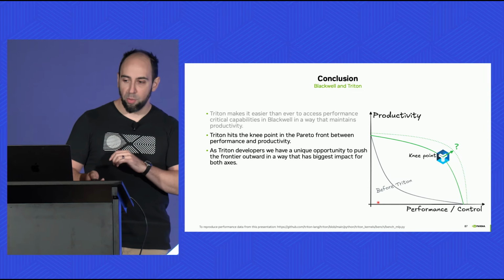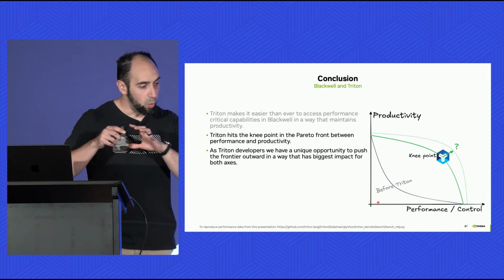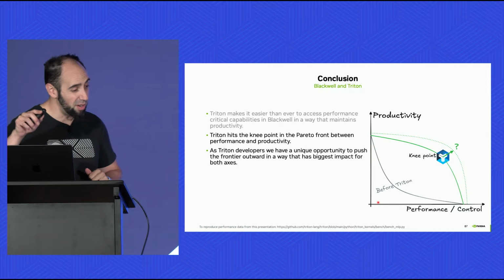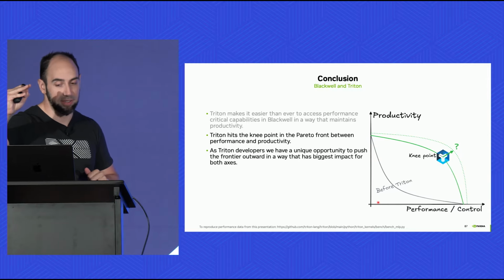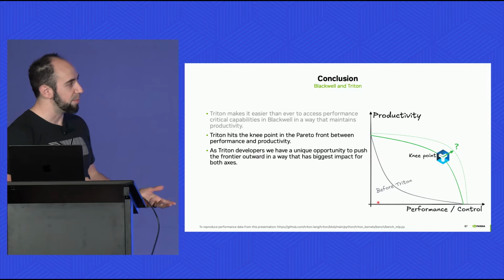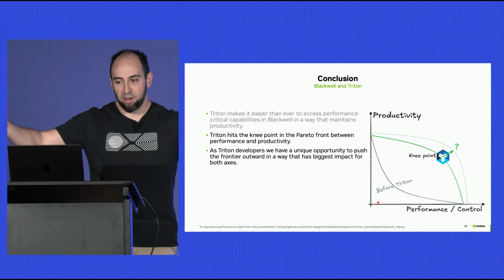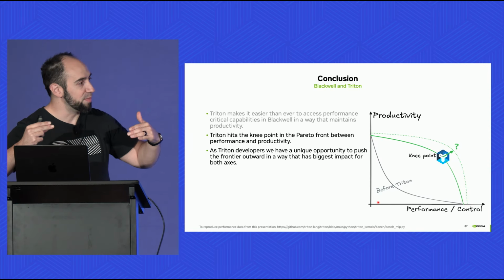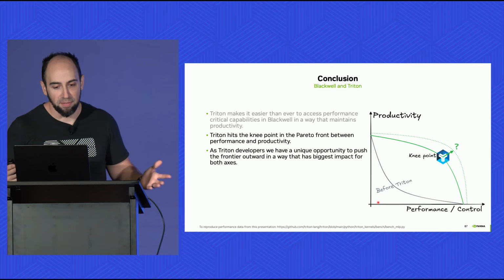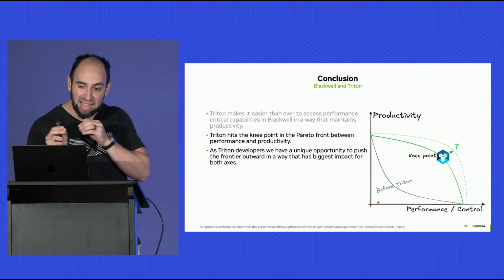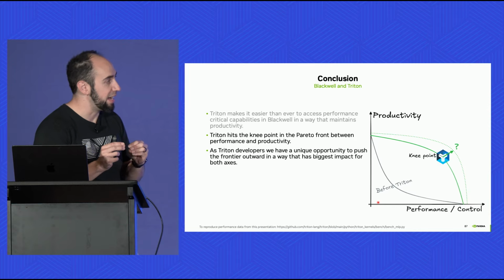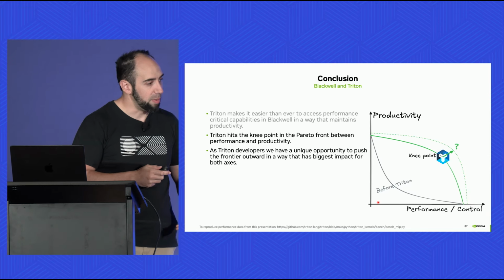It's not just where we are in this phase space, but also where the frontier itself is. And I think as Triton developers, we have this unique opportunity to push the frontier outward in a way that is increasing the area under the curve, if you will. Being at this knee point gives you the biggest impact in both productivity and performance.